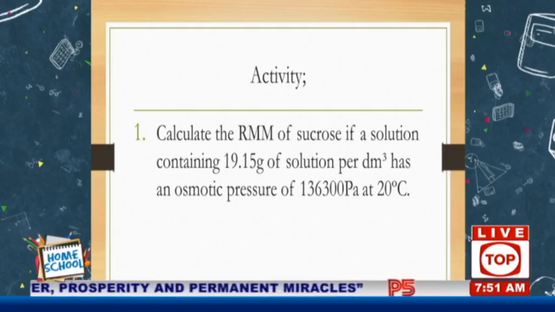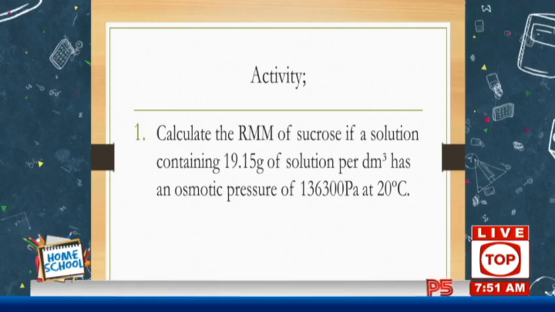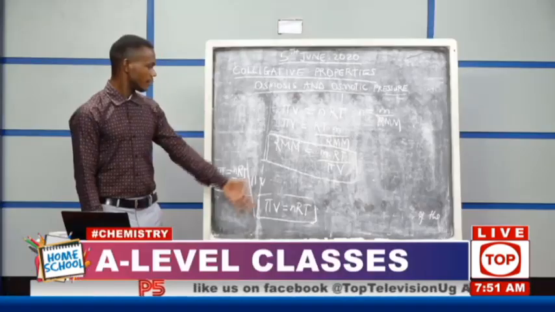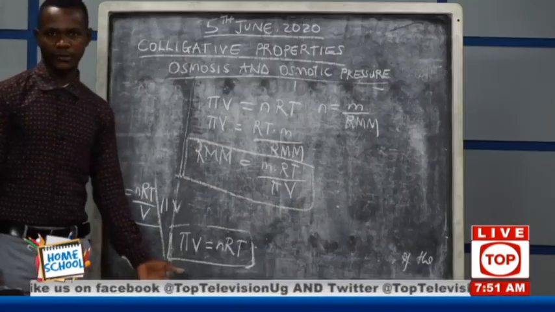If we make RMM to be the subject of the formula, it will be equaling to M times RT over pi V. Are you seeing that once you have a general expression, you can play around with it to get the values, okay?